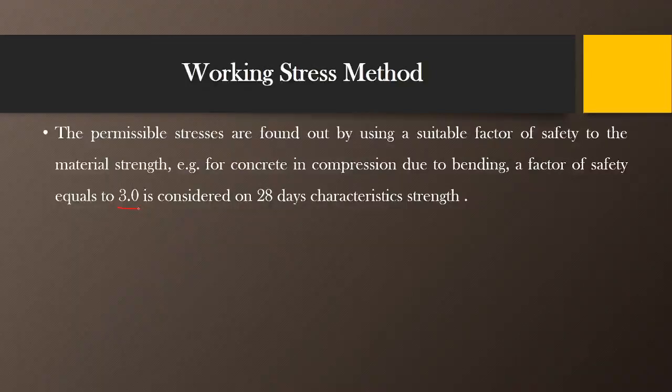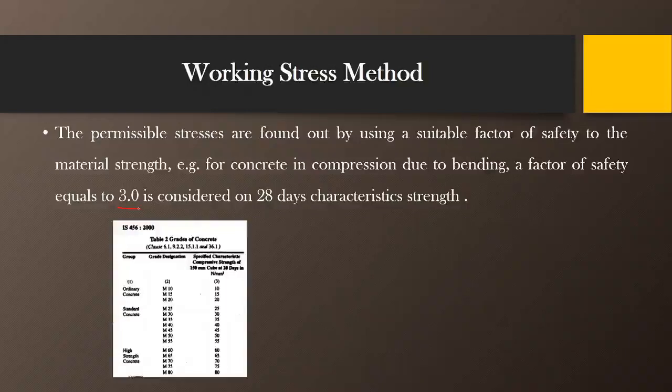For this, let us use two tables which are given in IS 456 2000. Table number 2 gives the grades of concrete, which we have already discussed in previous lectures. In this table, the different grades of concrete are provided in three categories, that is ordinary concrete, standard concrete and high strength concrete.